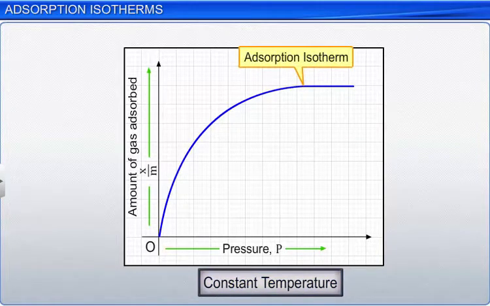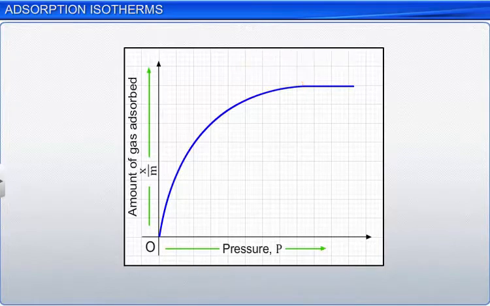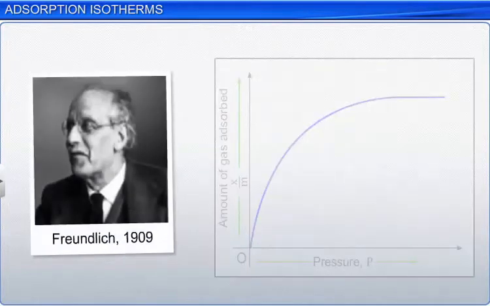Freundlich, in 1909, was the first to propose a mathematical relation for an adsorption isotherm. He gave an empirical relationship between the quantity of gas adsorbed by a unit mass of a solid adsorbent and pressure at a particular temperature.